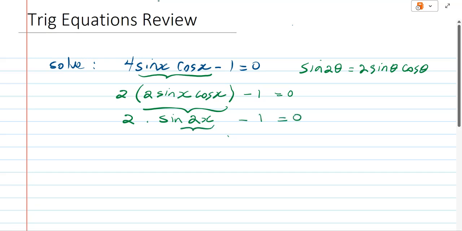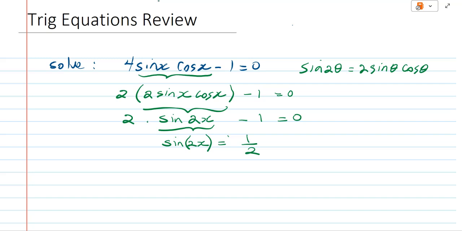Now we're going to solve for sine of 2x first, so we isolate sine 2x equals 1 over 2. Add 1 to both sides of the equation and then divide by 2. Now when we have this, let's think of the argument of sine, the angle 2x, as one angle. Let's call it theta.